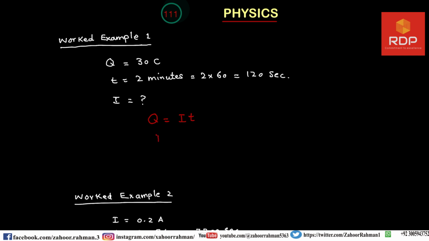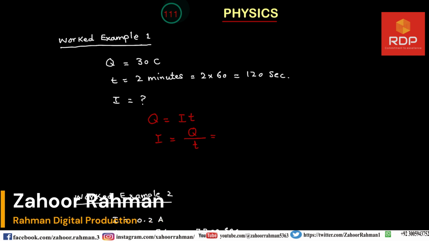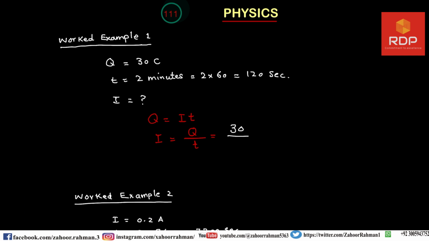So if we are finding I, we will get Q divided by T. Now both Q and T are given, so we are writing 30 instead of Q and 120 on this. So we will get 1 over 4, and that is equal to 0.25. So here we will say that I is equal to 0.25 ampere in the wire.